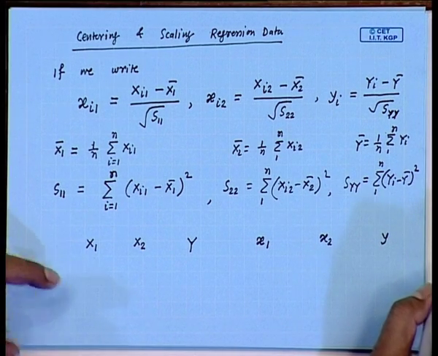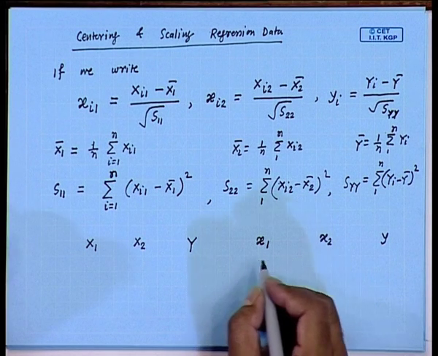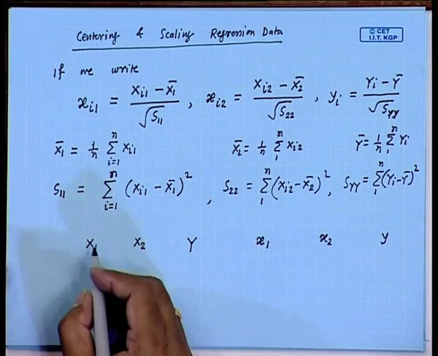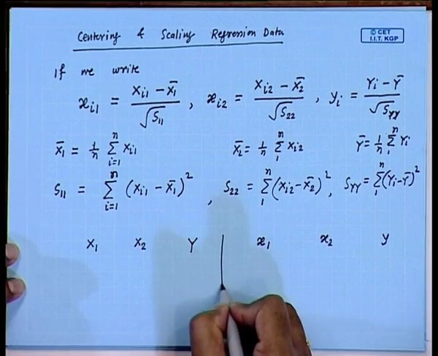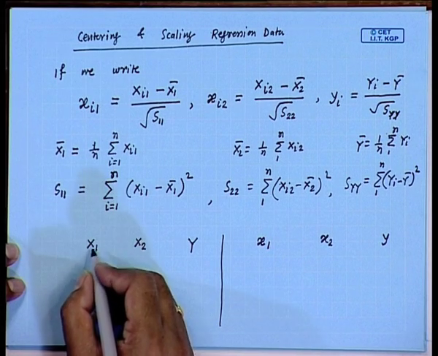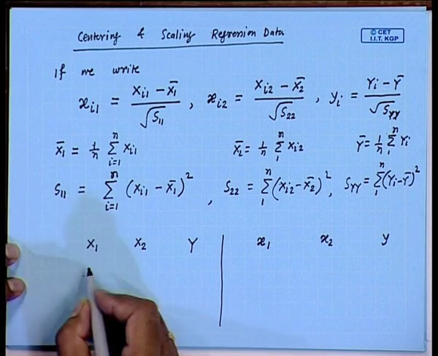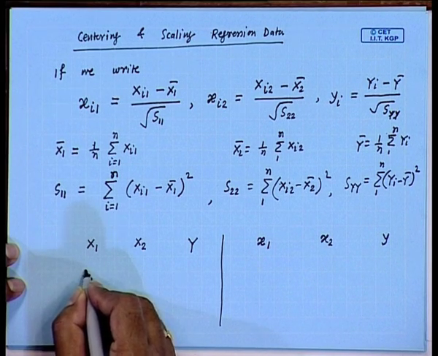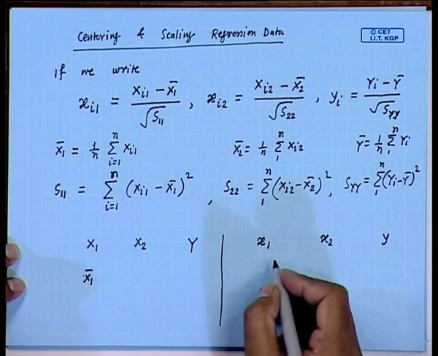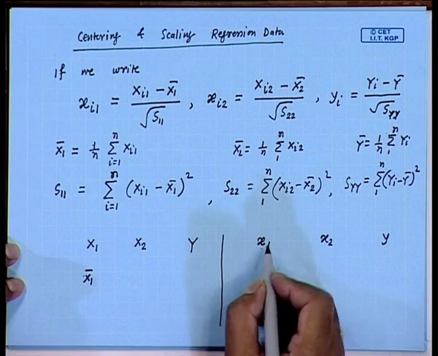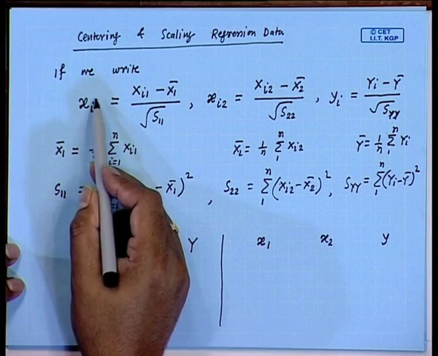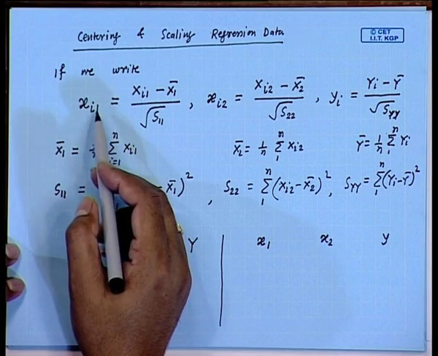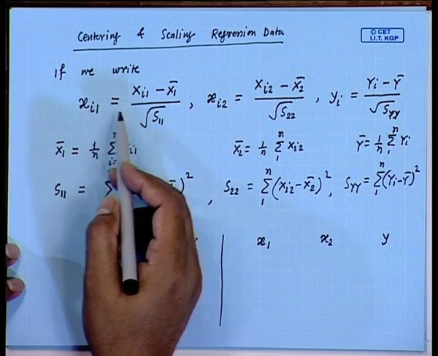Now, one thing we need to observe is that the mean associated with the first regressor for the original data is of course x1 bar. But if you take the mean of the transformed data, the mean of small x_i1 is always equal to 0.